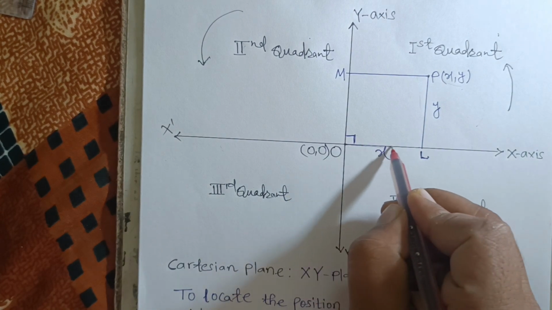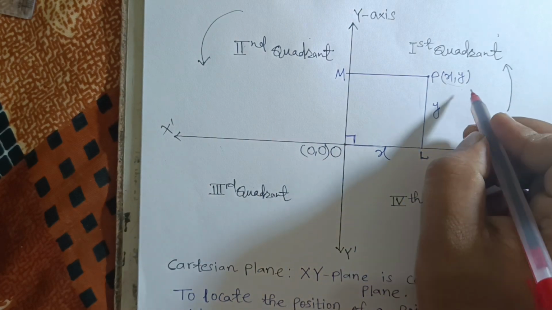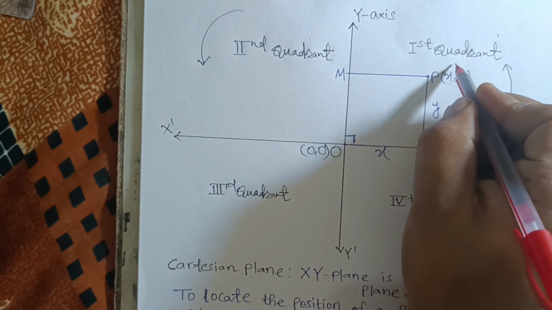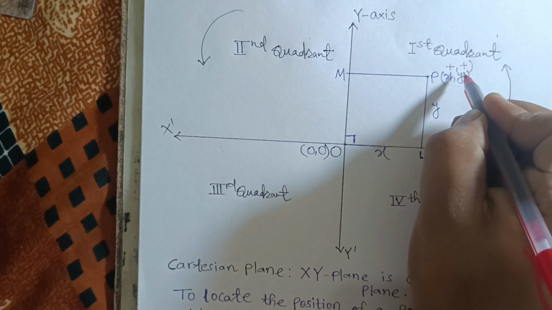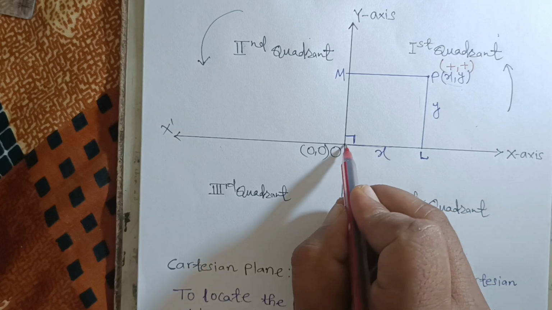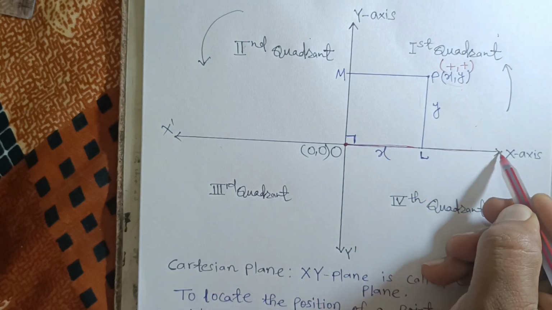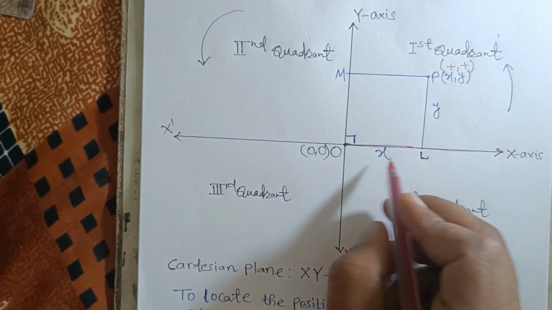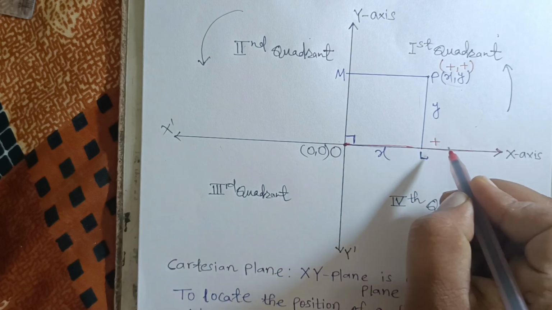For first quadrant, the sign of coordinate will be x positive and y positive, both positive. Why, students, both positive? Because x-axis right side, the right part of origin, is taken as positive.